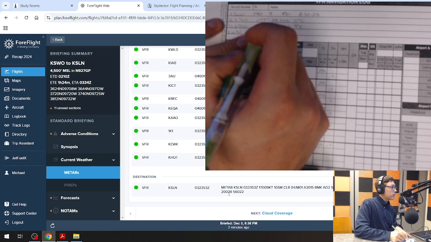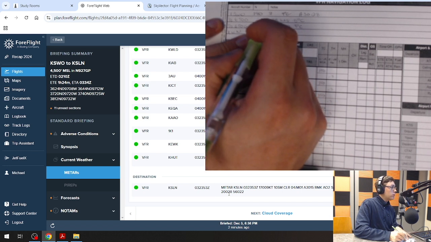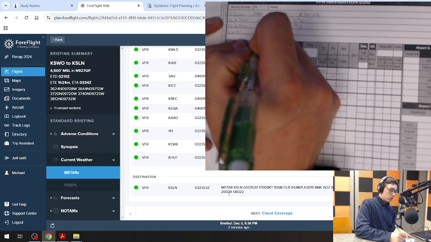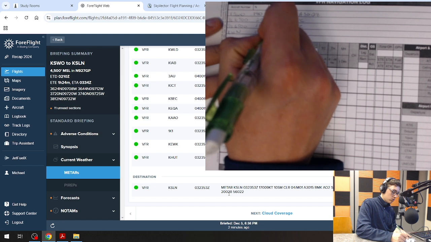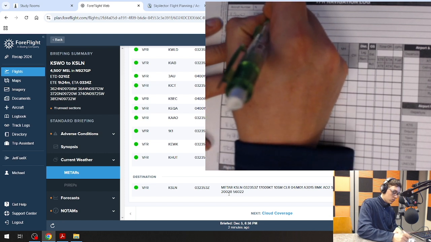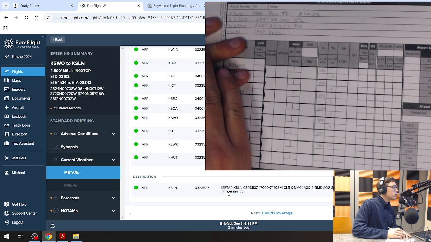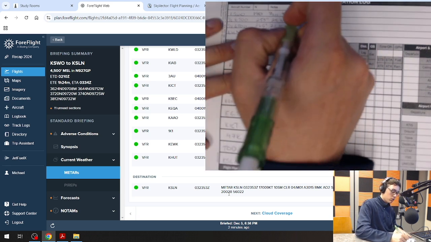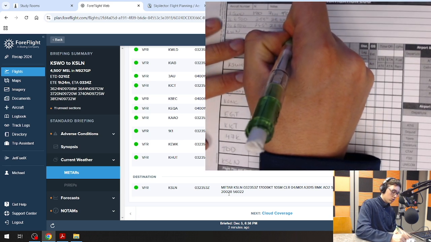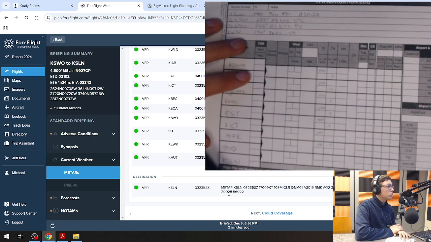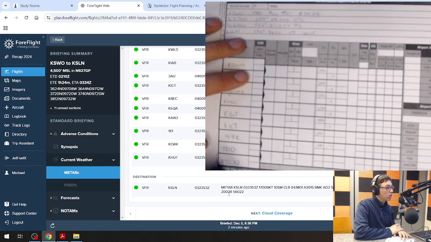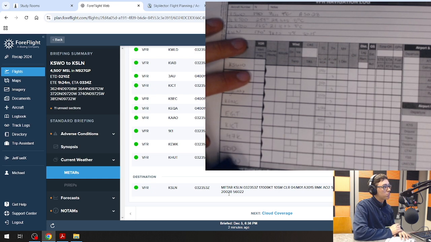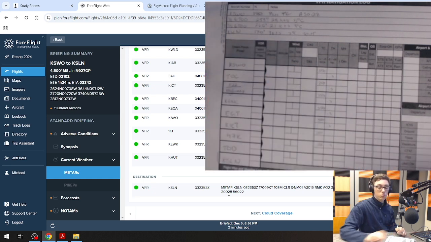We know at Salina, looking at our weather, it's going to be 170 at 9 knots. 10 miles clear. Temperature 4 degrees Celsius. Dew point -1. Altimeter 3015. All right.